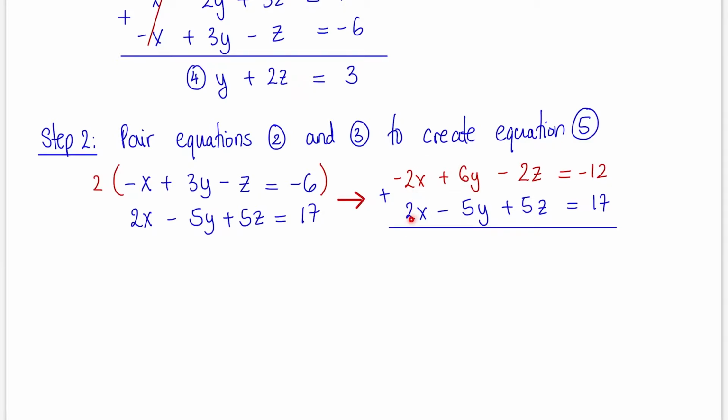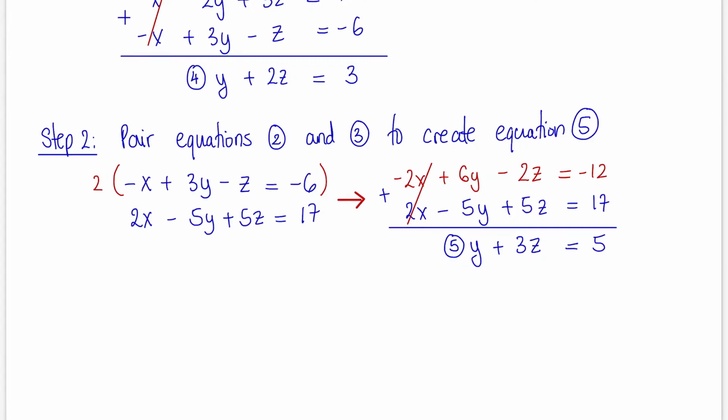Negative 2 plus 2 is 0. 6y plus negative 5y is y. Negative 2z plus 5z is 3z. Negative 12 plus 17 is 5. So I have y plus 3z equals 5, and I call this equation 5.